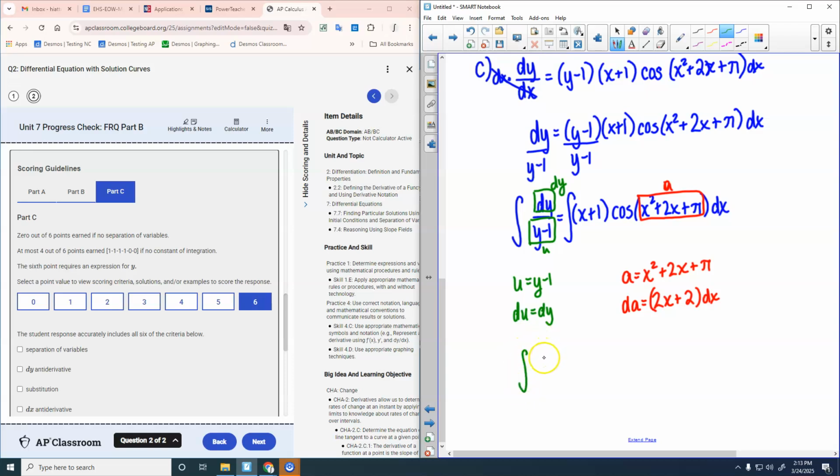It doesn't matter, but you've got du over u right here. On the right-hand side, you need to work on this a little bit because you've got your a. Do you have your dA part? You got a dx and you got an x plus 1. We're supposed to have 2x plus 2 dx. Good. And if I multiply by 2 here, then multiply by 1/2 out front. So I've got 1/2 integral of cosine A dA.